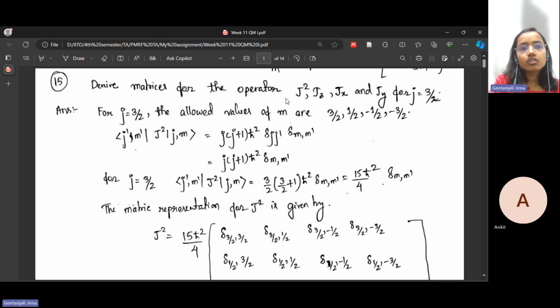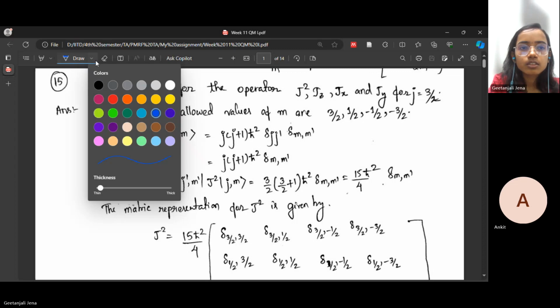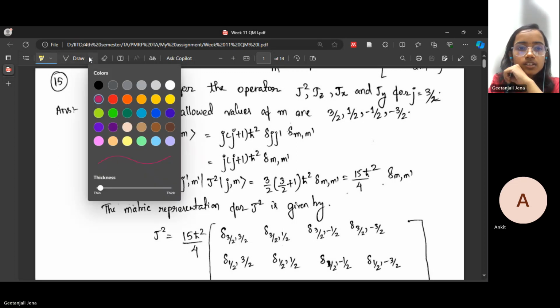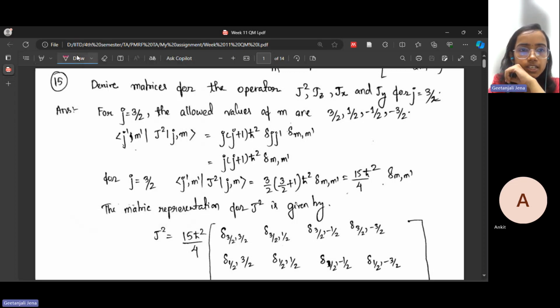It asks you to derive the matrices for the operators j square, jz, jx, and jy for j equal to 3 by 2.